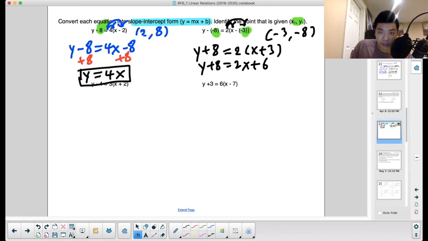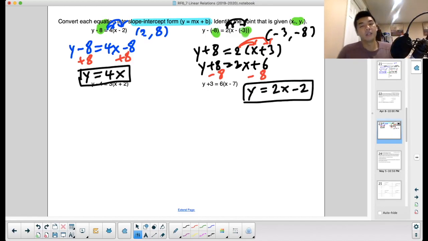To finish this one off, we subtract 8 from both the left and the right sides, and we are left with y is equal to 2x minus 2, which is my linear equation in slope-intercept form.